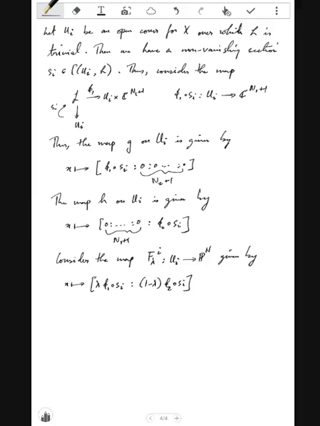So notice that it cannot happen that all the coordinates are 0 for any lambda, where lambda is in the complex numbers. And let us check that f_lambda,i is equal to f_lambda,j on U_i intersection U_j.